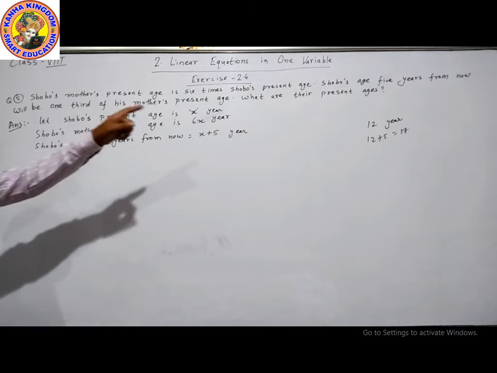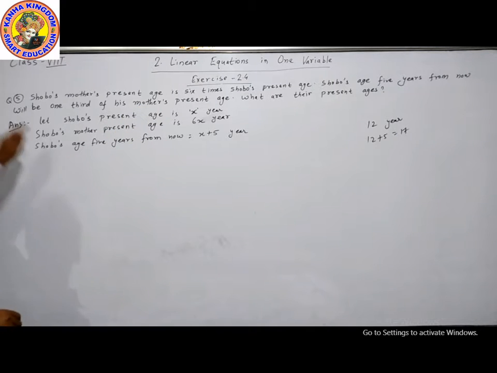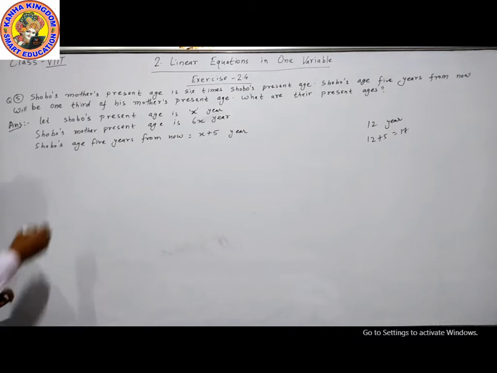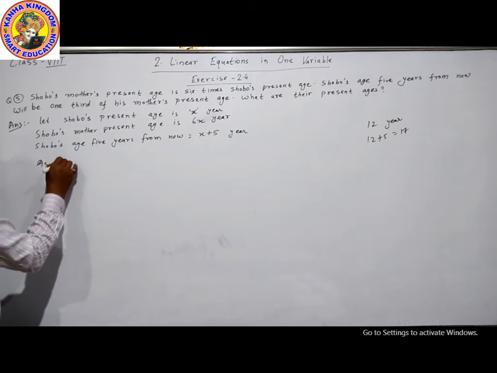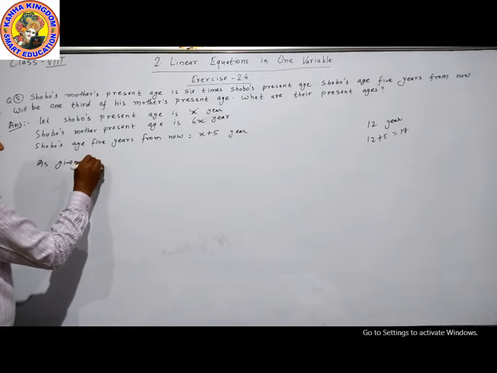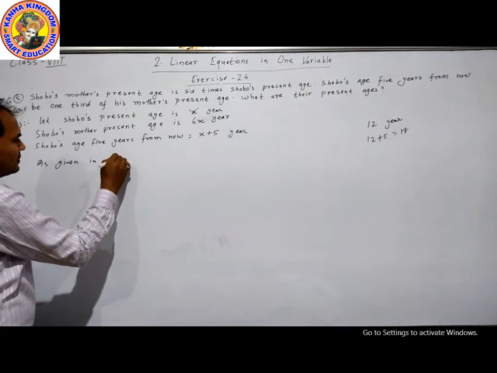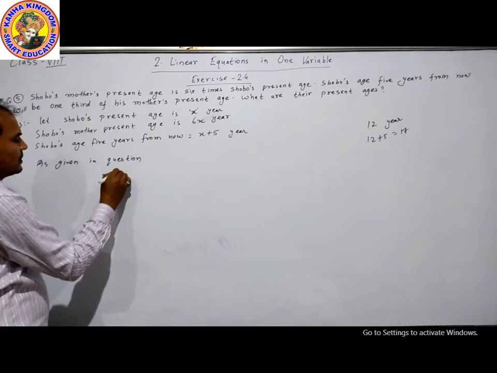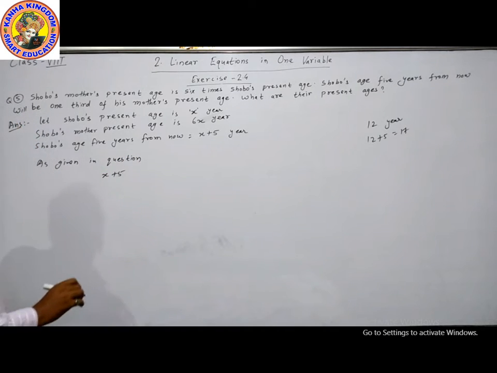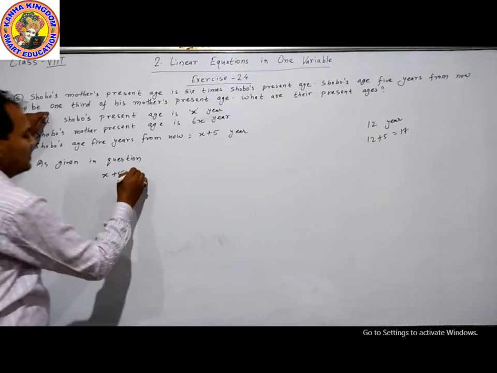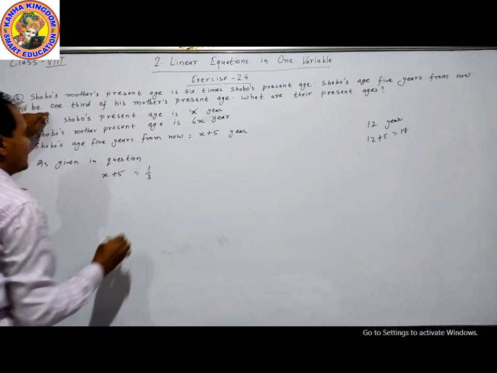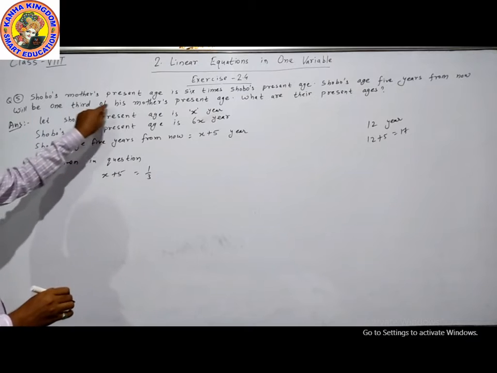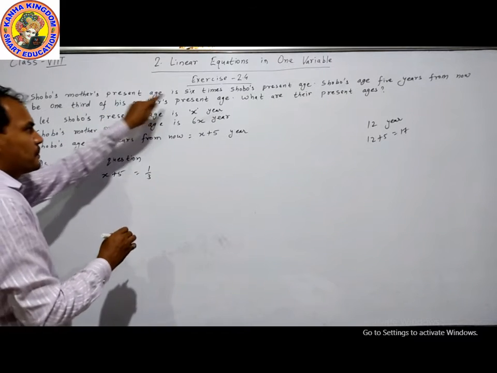Now Sobo's age 5 years from now will be equal to 1/3 of his mother's present age, as given in the question.